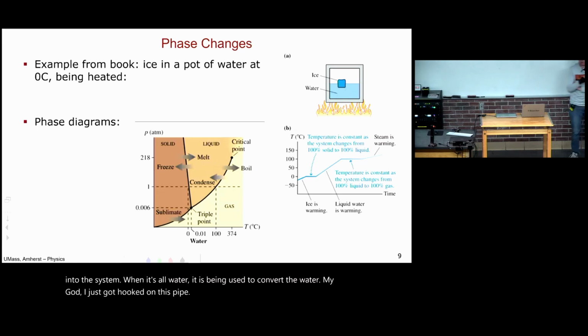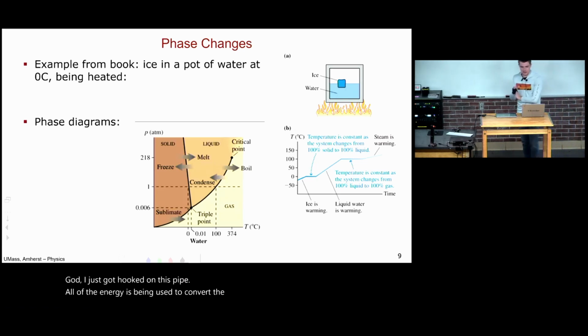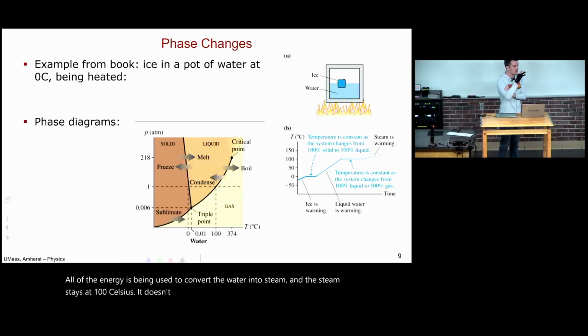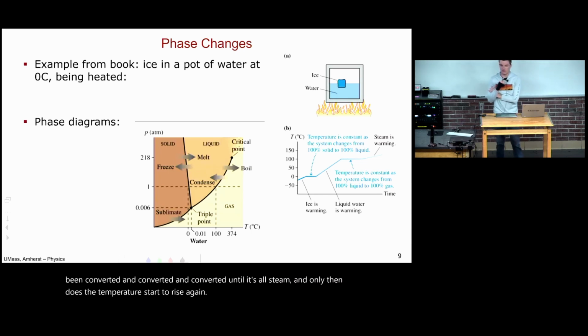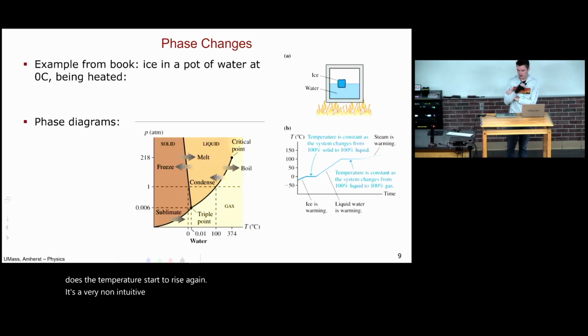All of the energy is being used to convert the water into steam. And the steam stays at 100 Celsius. It doesn't get hotter than 100. It waits until all the water has been converted until it's all steam, and only then does the temperature start to rise again. It's a very non-intuitive idea that the water will just stay at 0 and all the energy is used to melt the thing.